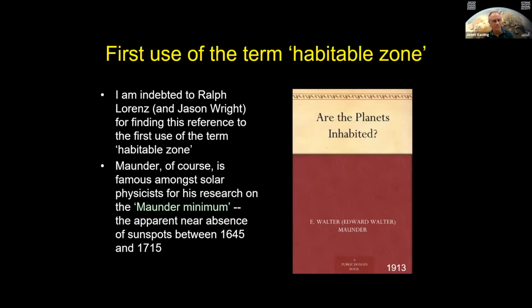I had been attributing it to Su-Shu Huang in 1951, I think, but Ralph Lorenz discovered in this old book by Walter Maunder, Are the Planets Inhabited, that Maunder defined the habitable zone. This is the same Maunder that's well known amongst astronomers and earth scientists for his research on the Maunder minimum, the sunspot minimum between 1645 and 1715.